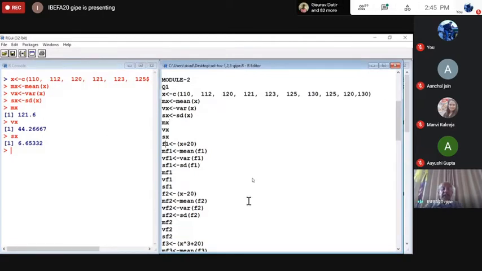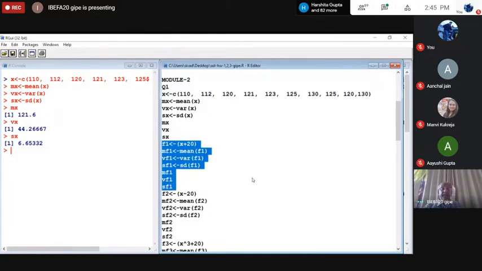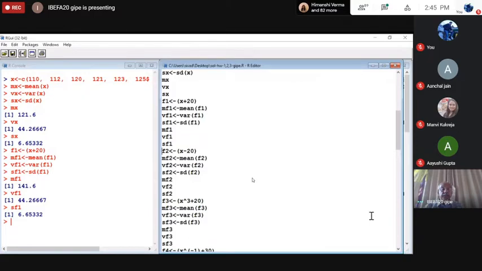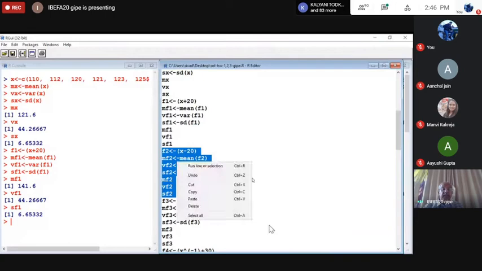First function is x plus 20. Then mean, variance, standard deviation. Second function is x minus 20, and then mean, variance, standard deviation.